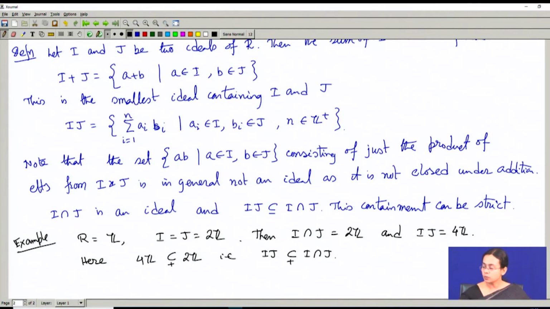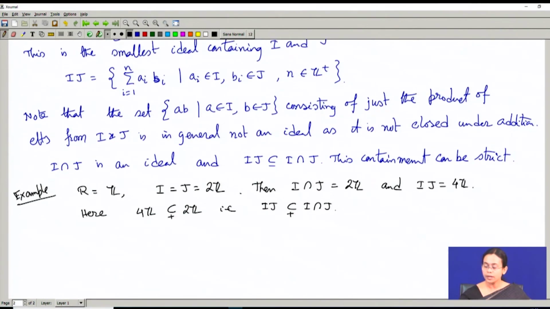And let me tell you when it will be equal. Just as a remark, you can verify this by yourself, this is not difficult.